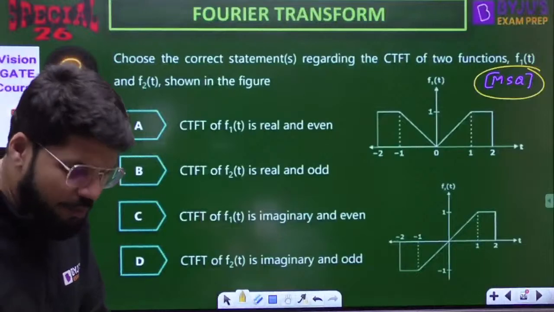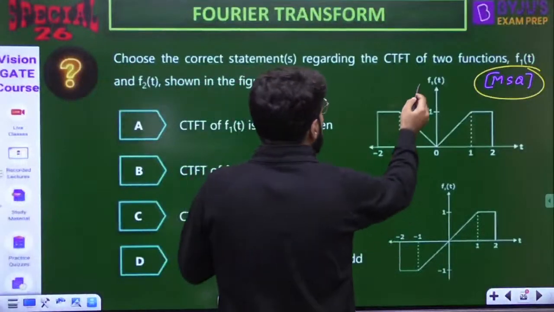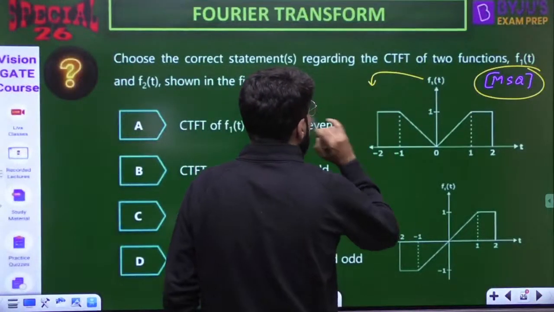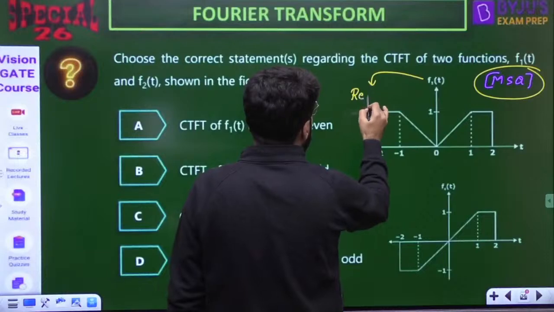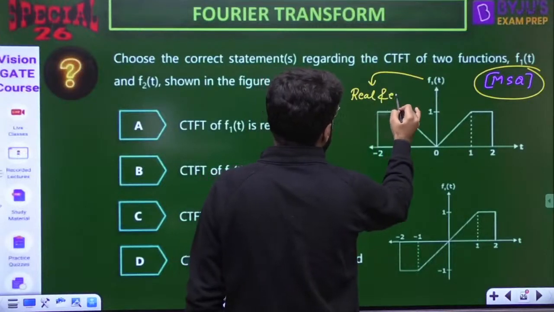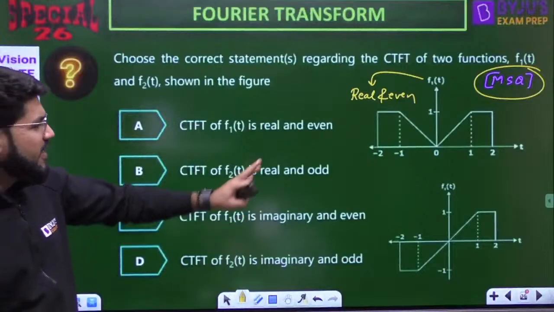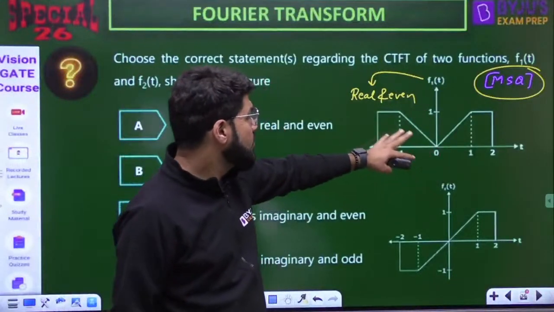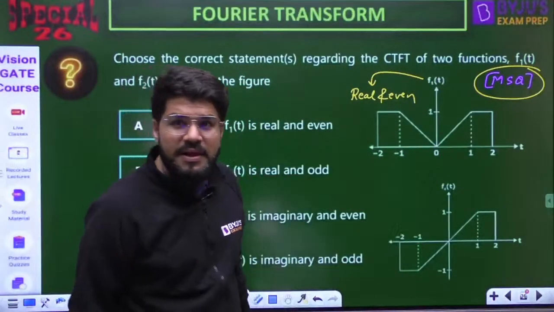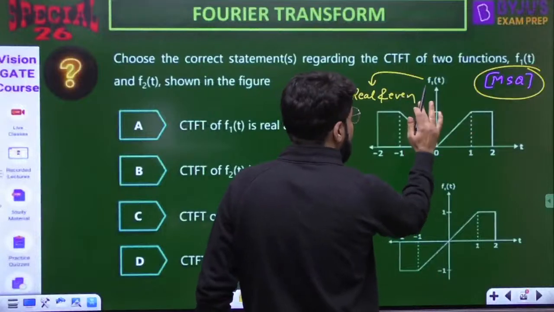It is a very simple property based question actually. What is f1(t)? Okay, real and even. Okay, it's definitely all the values are real. It's a real axis only, and even. It is even symmetric. Mirror image, right and left are identical, mirror image of each other.